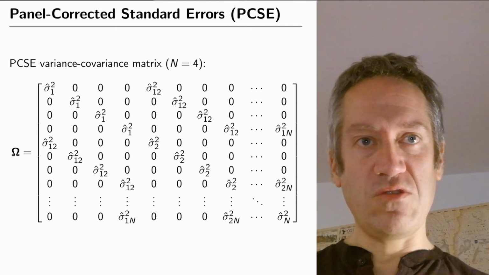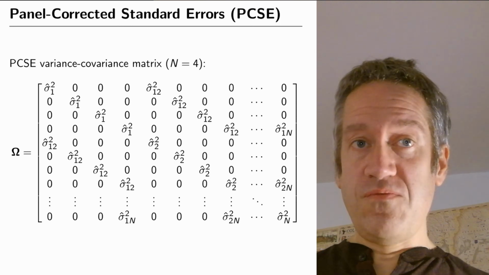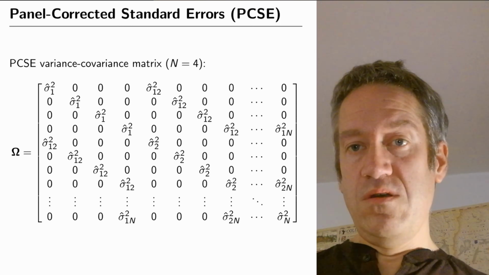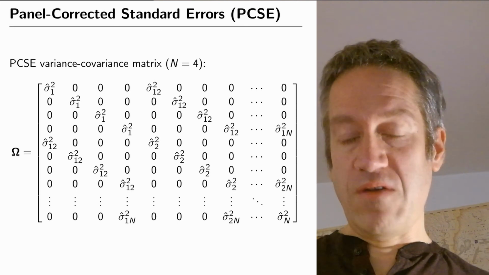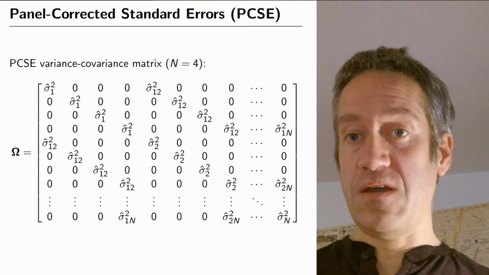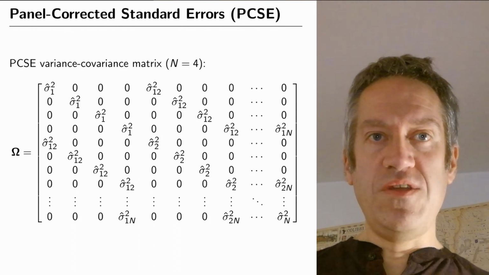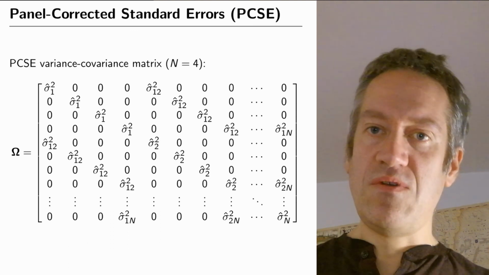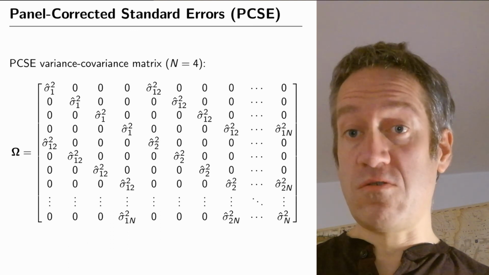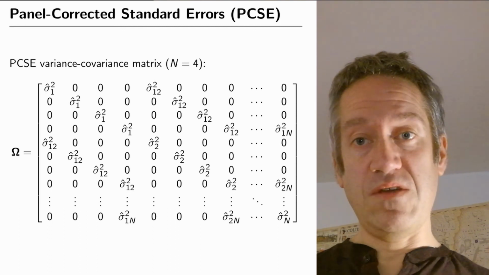It's like sigma squared 1, 2 and 2, 1. You see them many times. But on the diagonal, we have for each unit one variance, that we assume constant over time, but different between units. And off the diagonal here, you have variances that capture the time variance that we expect to be common across all units in one time period, but different between different time periods.